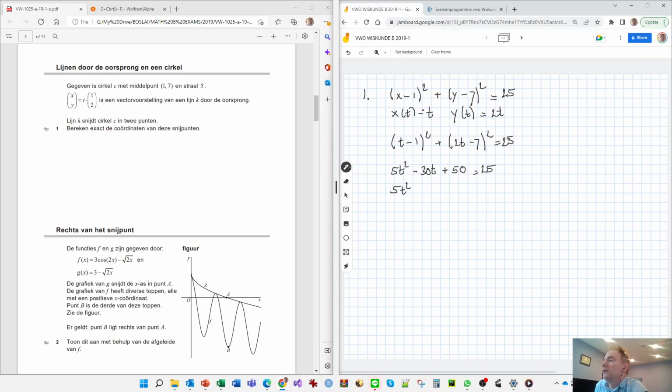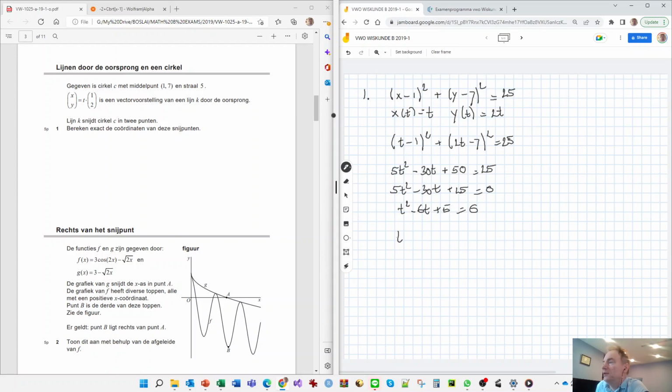So just write it down like this. I can just factorize 5, so it's 5 times, and I can divide out 5, so t squared minus 6t plus 5 is 0.